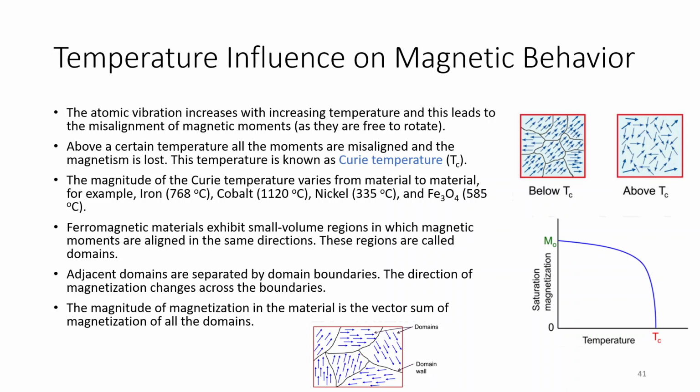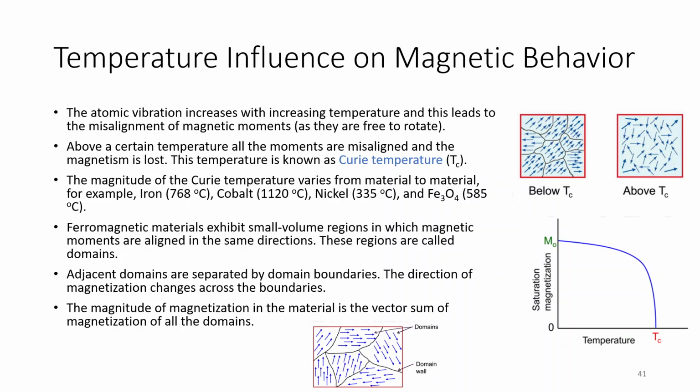This temperature is known as the Curie temperature, Tc. The magnitude of Tc varies for each material. For example, for iron it is 768, for cobalt 1120, for nickel 335 and for ferric oxide it is 585.